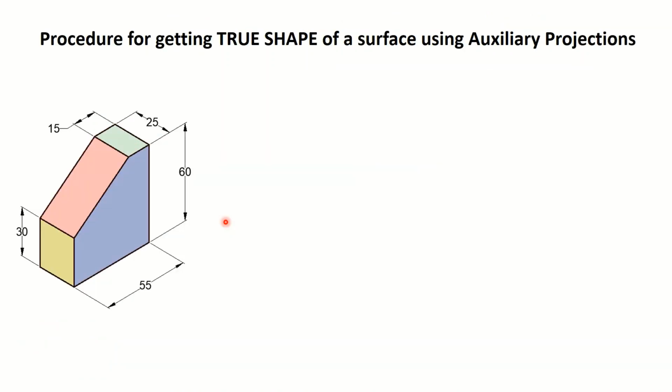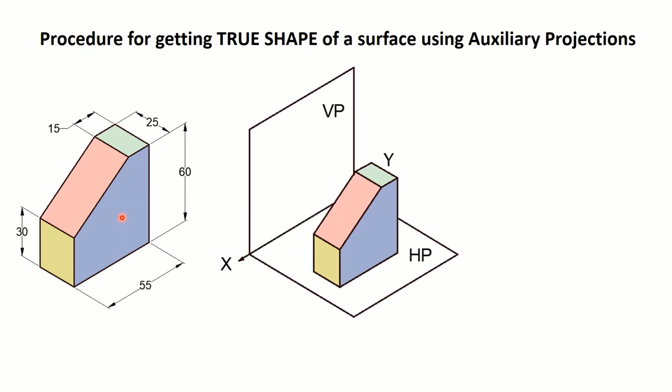Now let us apply the concept of auxiliary projections for getting the true shape of a surface. Consider this object. Now this object is placed like this in the first quadrant. So you can see that the various surfaces will be shown when this object is viewed from different directions, as shown by these three arrows.